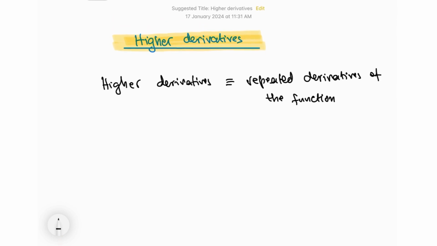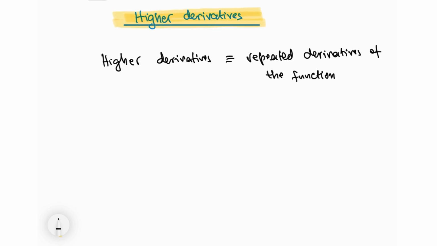So that is what is meant by higher derivatives. In the same way we can take one derivative of a function, then the second derivative, then the third derivative. It is usually written as the index in brackets, and so on.